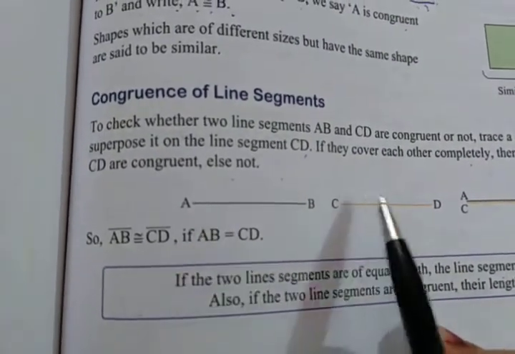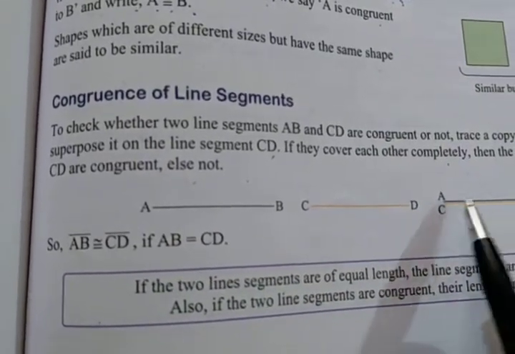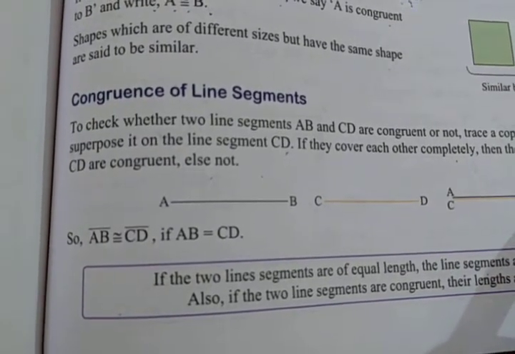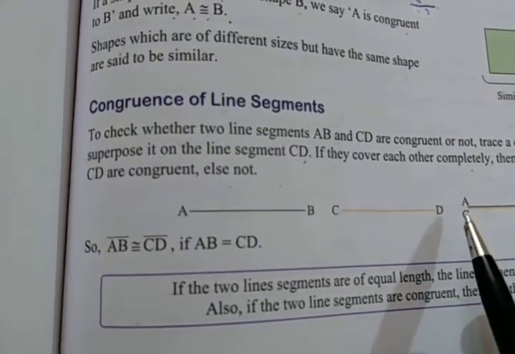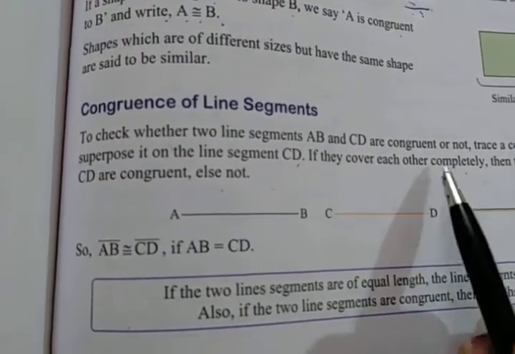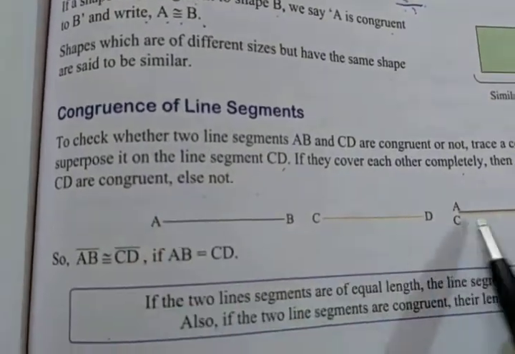When both these lines cover each other completely, here CD is covering AB completely, then the two line segments AB and CD are congruent.